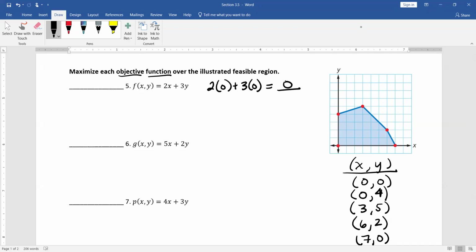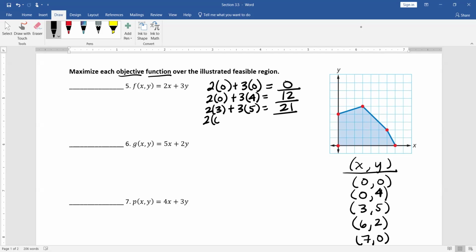And then 2 times 0 plus 3 times 4 is 12. The next one's 3, 5. 2 times 3 plus 3 times 5 gives me 6 plus 15, which is 21.